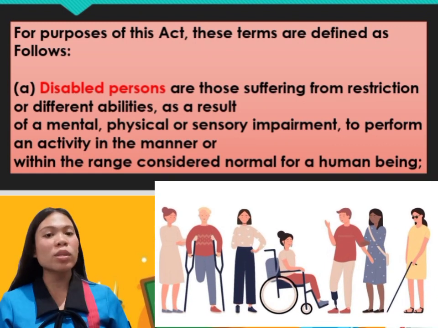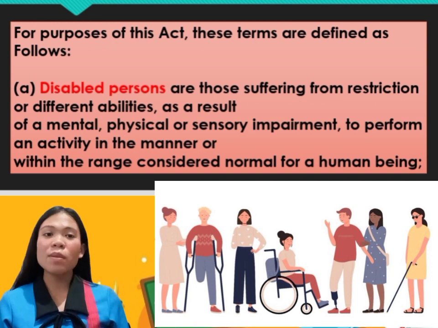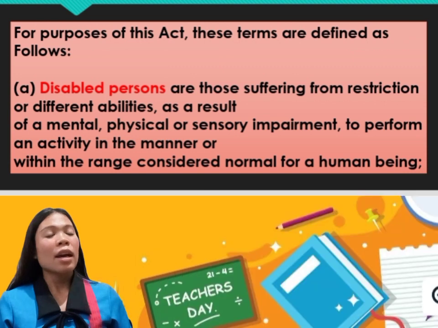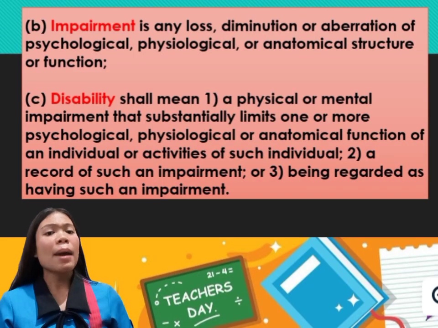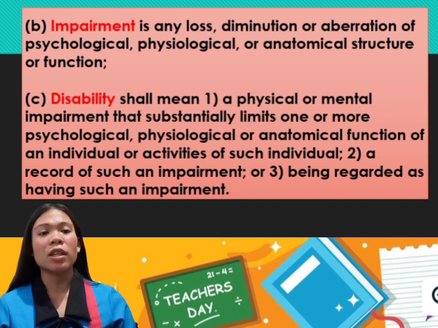Disabled persons are those suffering from restriction or different abilities as a result of a mental, physical, or sensory impairment to perform an activity in the manner or within the range considered normal for a human being. What is impairment? Impairment is any loss, diminution, or aberration of psychological, physiological, or anatomical structure or function.